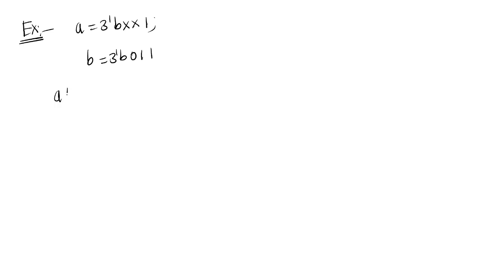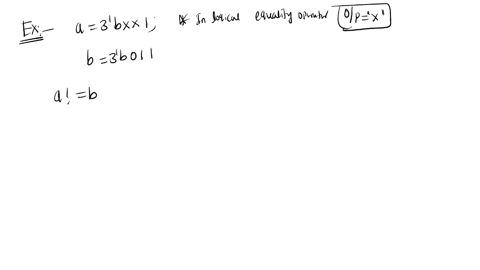I want to check A logical not equal to B. In the logical equality operator, you need to remember, the output equals x, that is don't care, if any one of the bits is don't care.